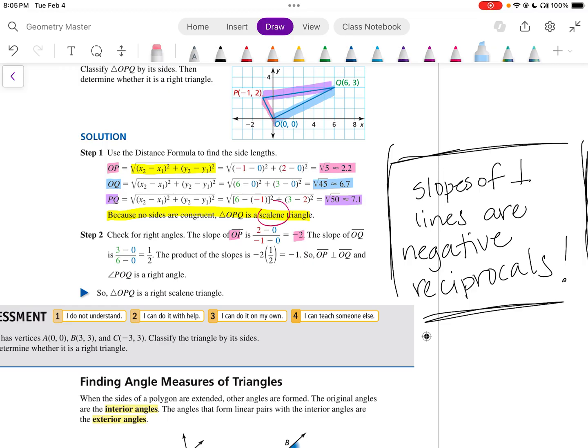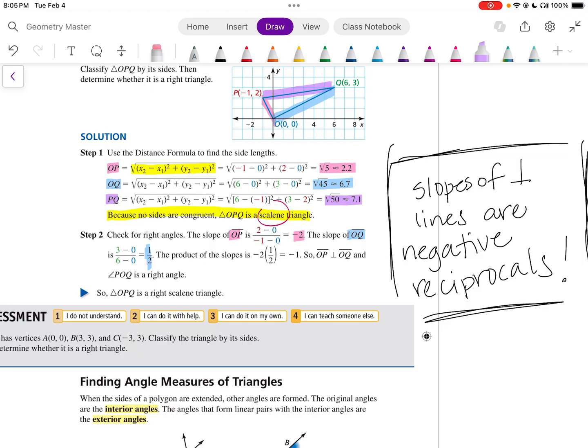That was 3 minus 0 over 6 minus 0, so the slope of OQ is 1/2. Oh, they didn't find the slope of the last line. I guess as soon as they found negative reciprocal slopes of -2 and 1/2, they decided it was a right triangle. So that was smart without having to do the third one.